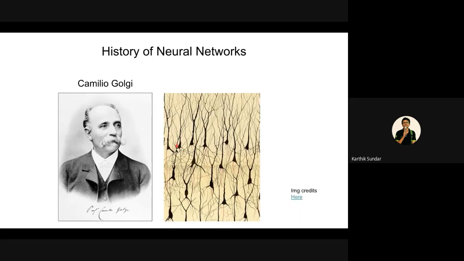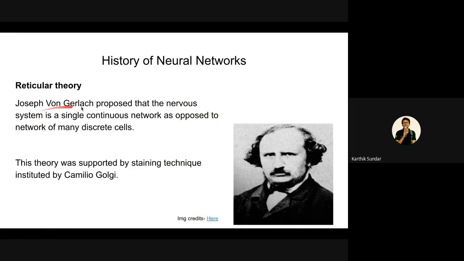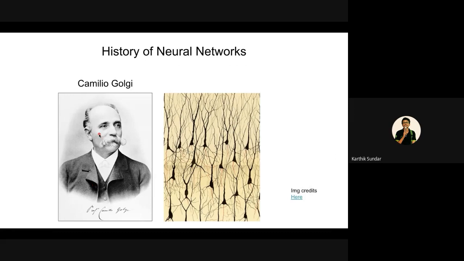So what he is saying is, these are neurons, like the neurons in the brain, and everything together is a single network. And there was a famous scientist called Camillo Golgi, who supported the same thing by using a staining technique to show that the neural network is a single continuous network and not discrete. So that's what these two gentlemen discovered.